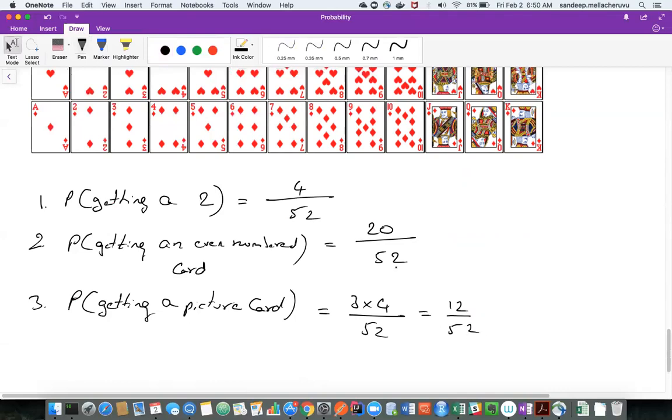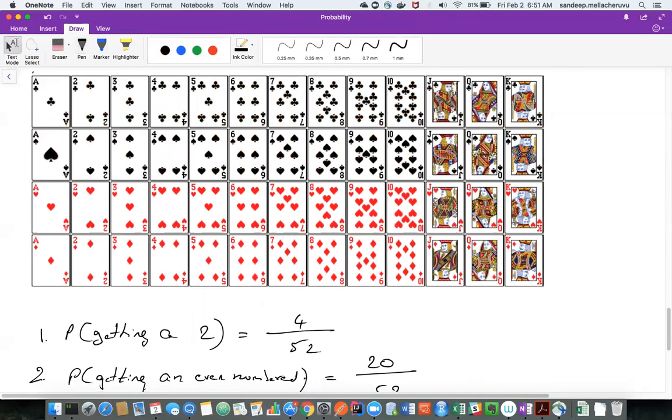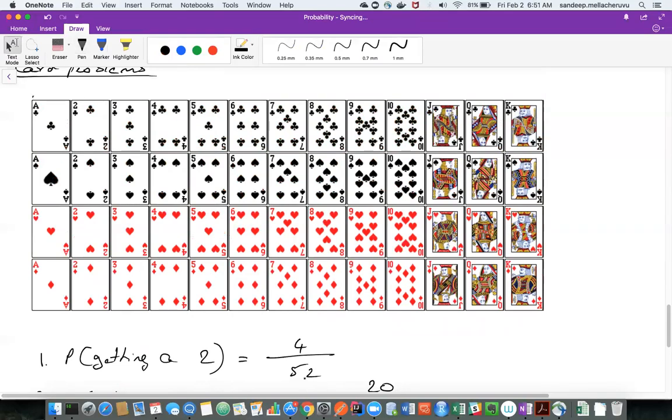Good. Then I'll ask Abid. Yes, Sandeep. You're going to answer this question now. Probability of getting a red card. How do you solve that? 20 by 52.